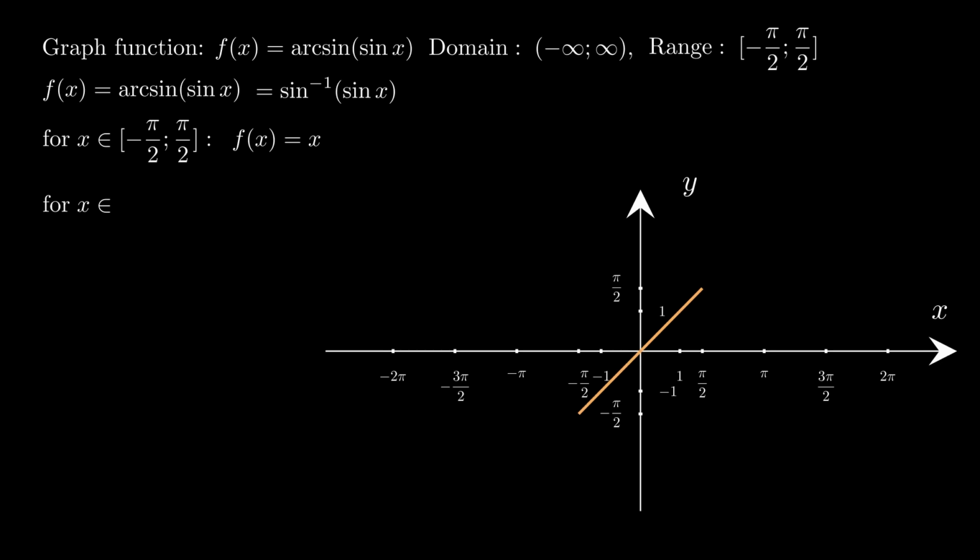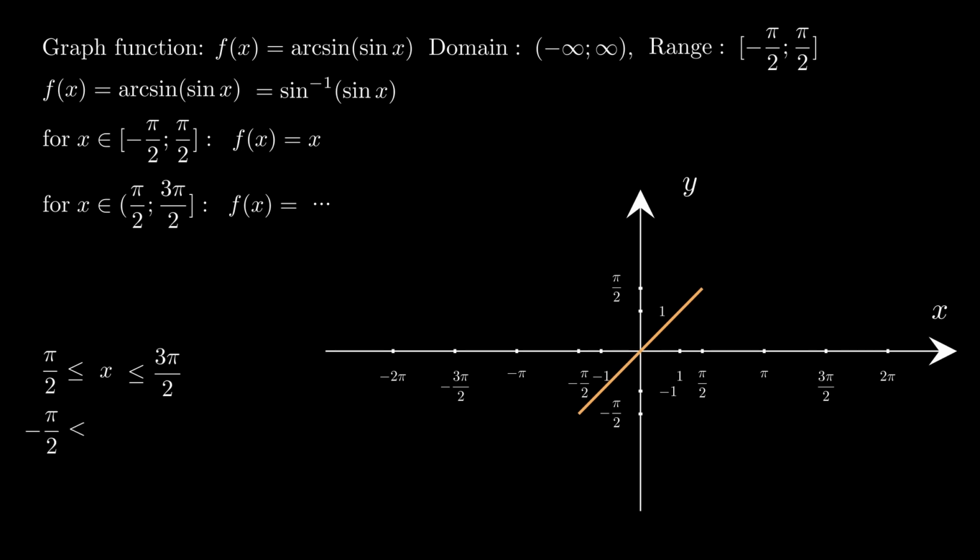Let it be a segment of the same length as the previous one, located to its right. So it will be the interval from pi over 2 to 3 pi over 2. We now face a problem, because we would like to simplify both functions, but in this interval it's impossible.